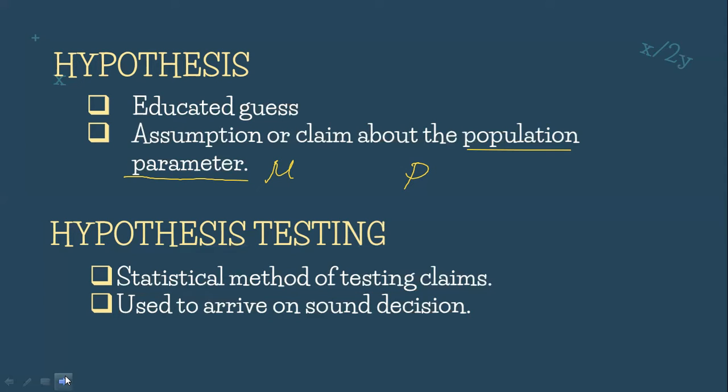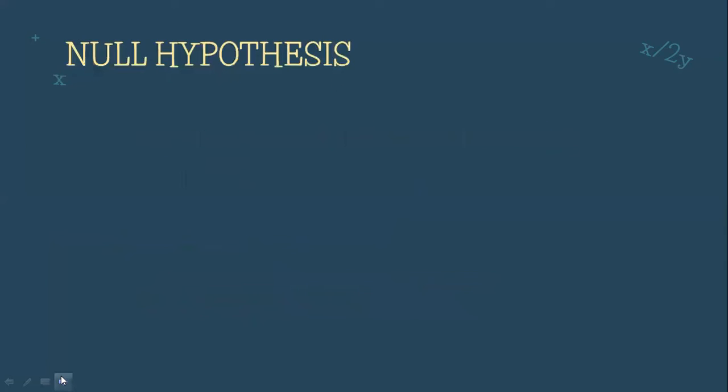In our hypothesis testing, we are using statistical treatments, and by that we are sure that the evidence points to a certain conclusion that we know is valid, as long as the data we gathered in our data gathering process are also valid. Okay, to continue, let us go to our next slide.